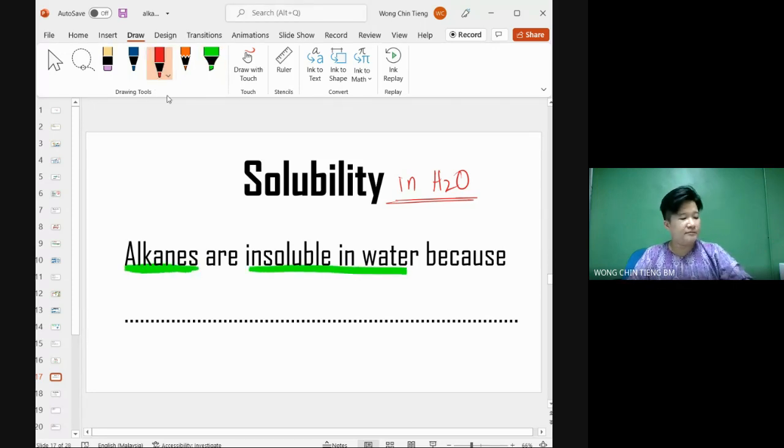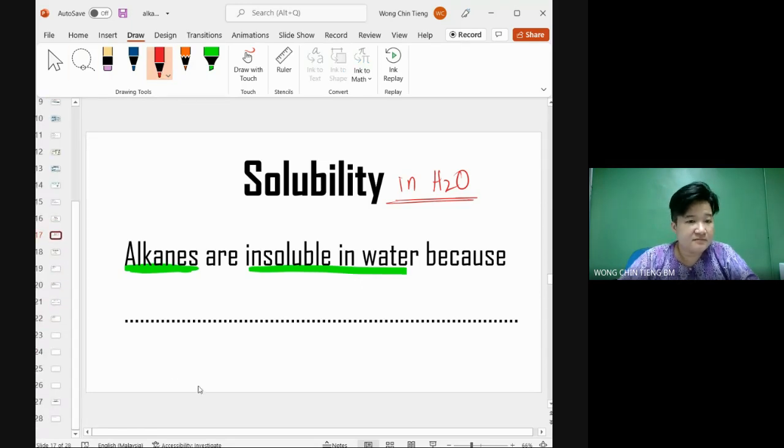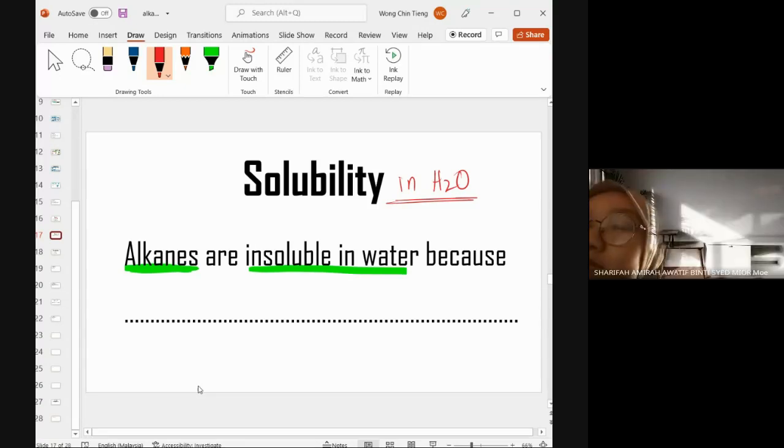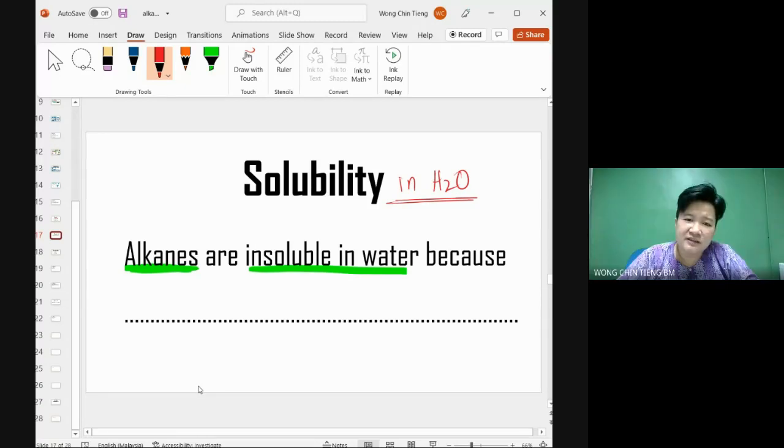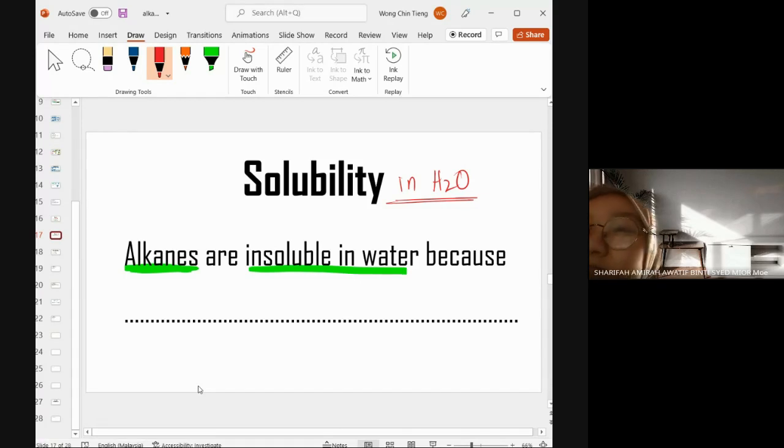Anybody can tell me why? Because it's non-polar molecule. Because it's non-polar molecule, yes, correct, not accurate. Tak dapat makan lagi, betul? Lagi? Cannot form hydrogen bond with water.